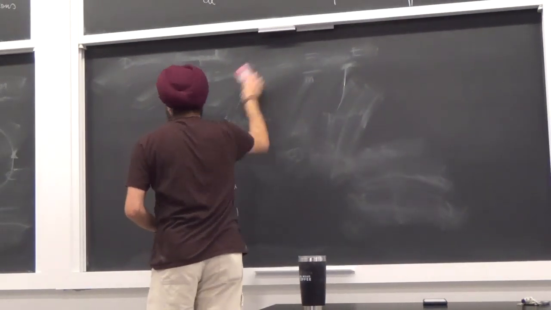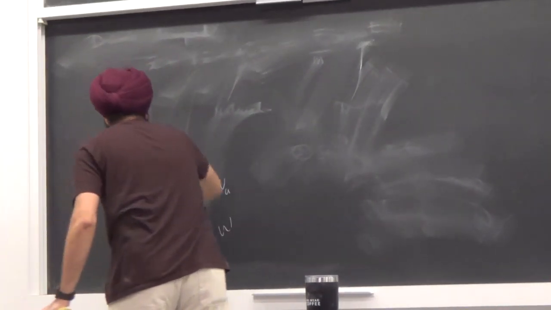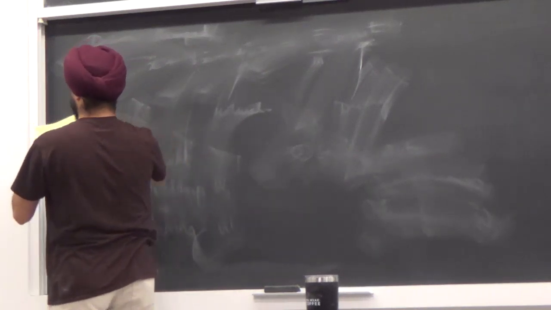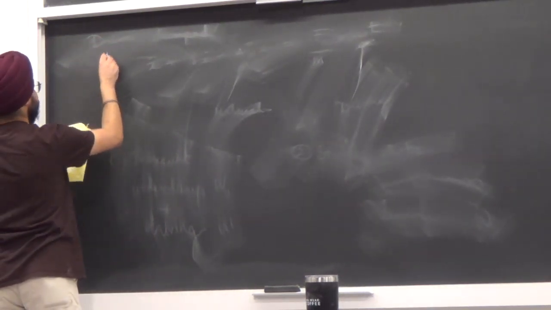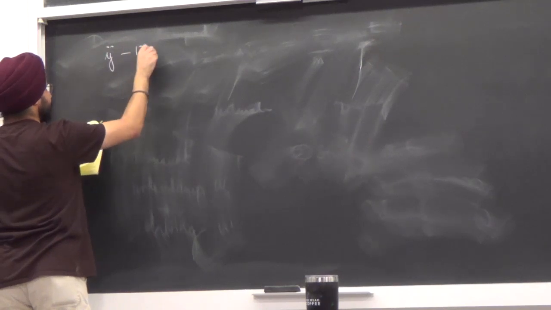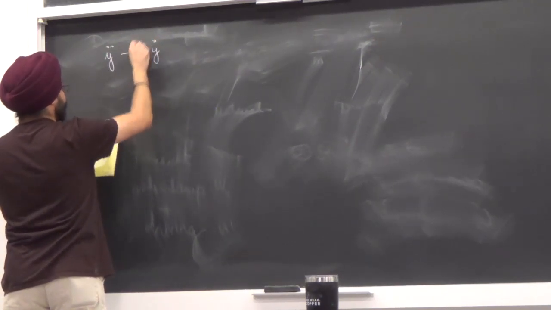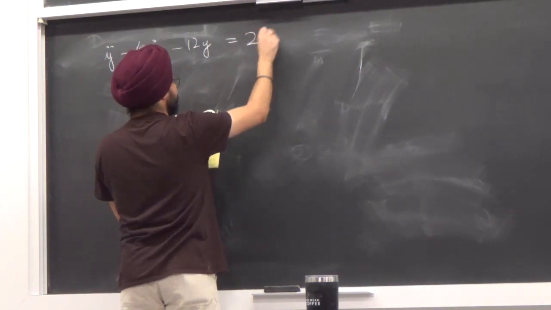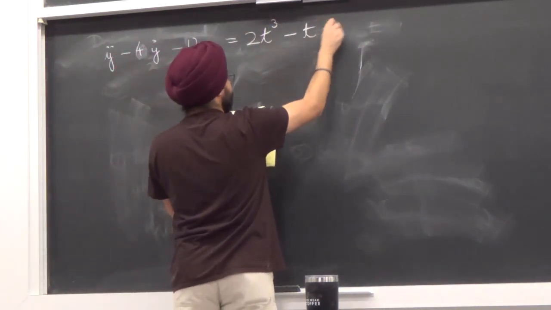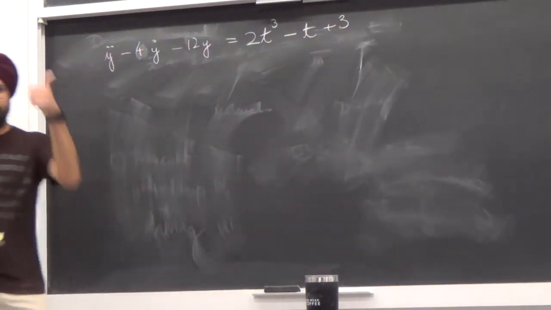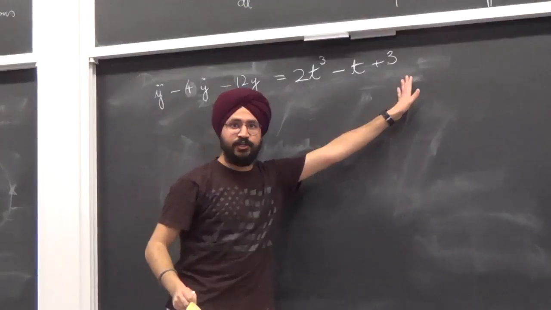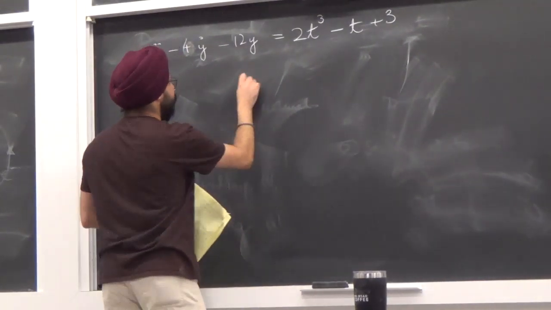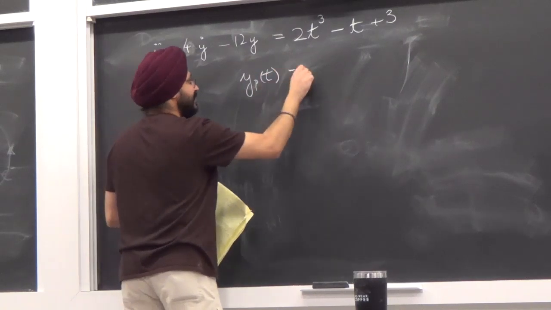Again, the idea being look at the g of t piece and guess based on that. So for example, if my equation is y double dot minus 4y dot minus 12y equals 2t cubed minus t plus 3. First part, homogeneous. Put this to 0, solve. You know how to solve it. Underdamped stuff and everything. The y of p, guess.